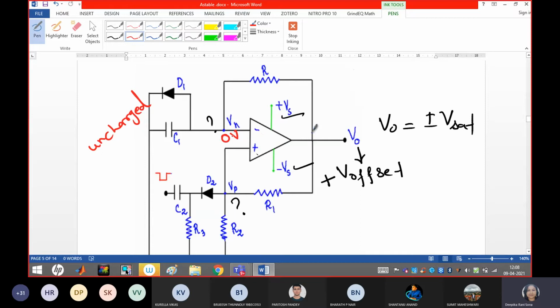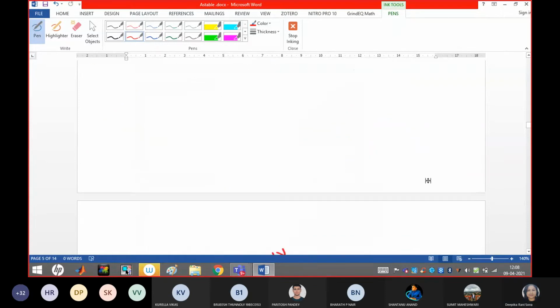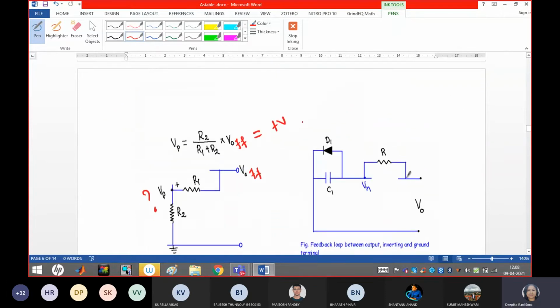Because of this instability, here I am getting some positive voltage and at Vn a 0 volt, but the gain is very high. So the voltage at Vp is because of the offset voltage, and due to the high gain, the Vp equation is now forced to generate a saturation voltage.